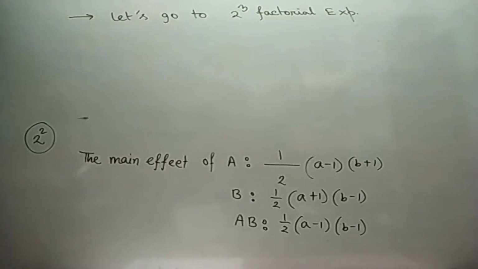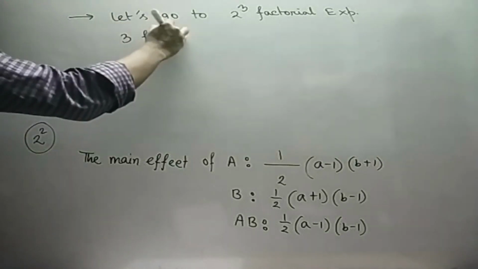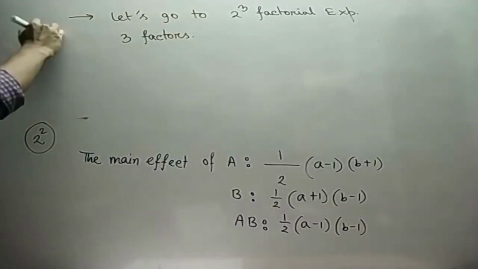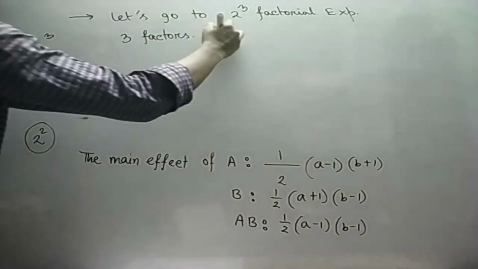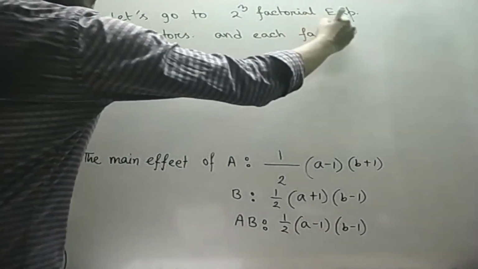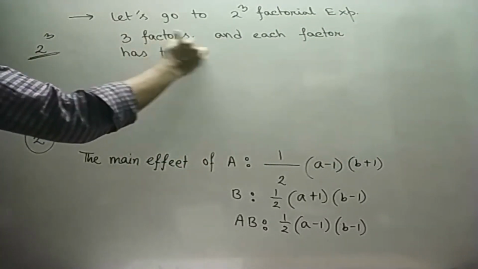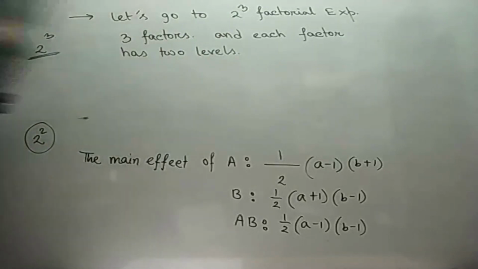Okay, so in 2 cube factorial experiment there are 3 factors. 2 cube means there are 3 factors, and each factor has 2 levels, so that's why it is a 2 cube factorial experiment.